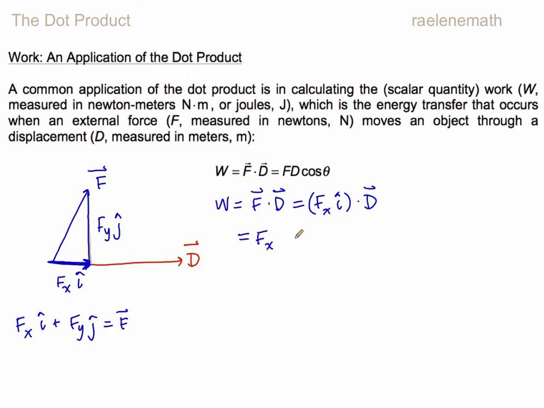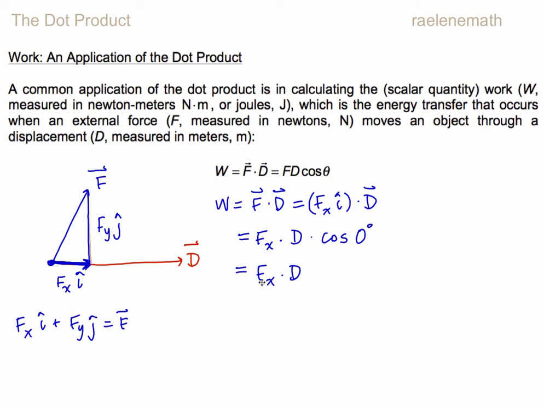So we take the magnitude of the first times the magnitude of the second times the cosine of the angle between the two vectors. But fx i hat and d are in the same direction, so the angle between them is 0. And so we end up getting fx multiplied by d is the same as the work done by the actual force, because the work done by the vertical component is 0.